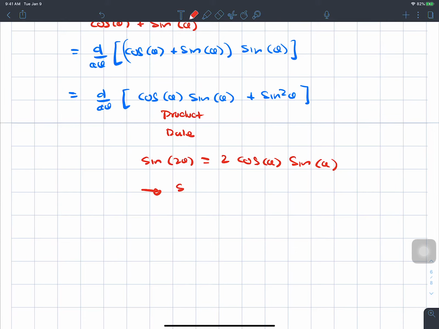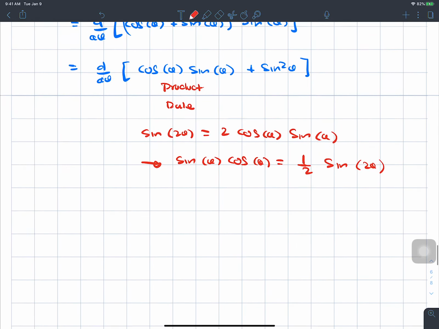So that implies I can replace sine theta cosine theta with 1/2 sine 2 theta. Now, if you didn't want to do that, all you would have to do, I guess, is the product rule. Anyway, let's try this out. Let's see what we get here.